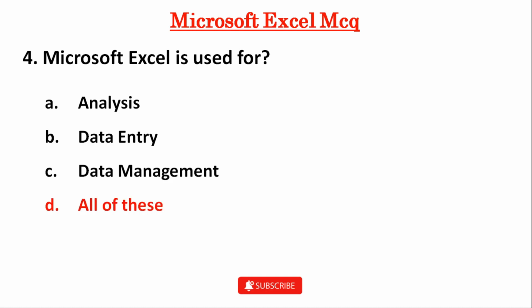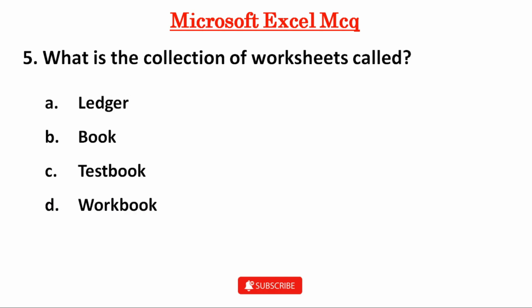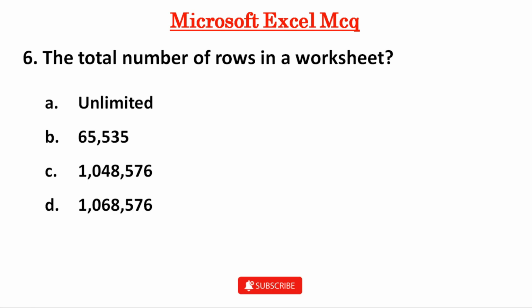Right answer is option D, all of these. Next question, what is the collection of worksheets called? Right answer is workbook. Next, the total number of rows in a worksheet.